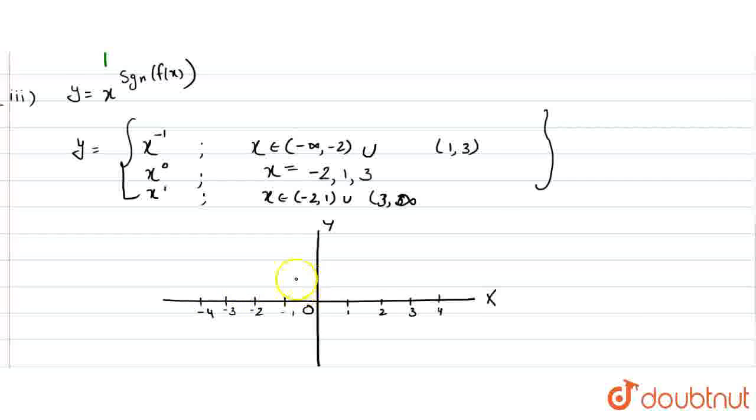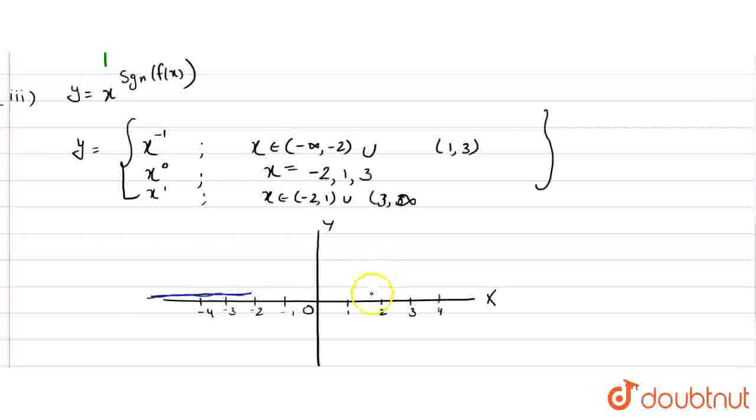When the interval is minus infinity to -2, it is the inverse of x. At these points, the inverse function is like this. At this point, the function is like this. I'm drawing with blue so that it will be right.